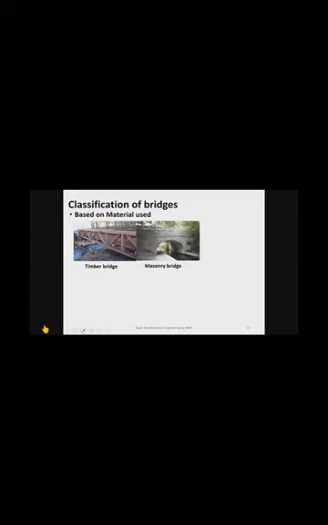And this one is a masonry bridge. It is completely made with stone masonry. You can see there is a road, and it is for the flow of water or a valley.